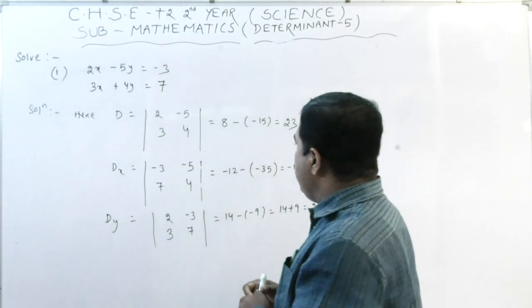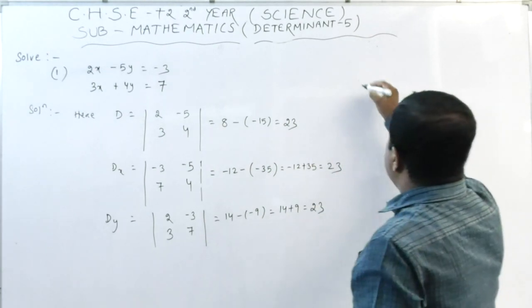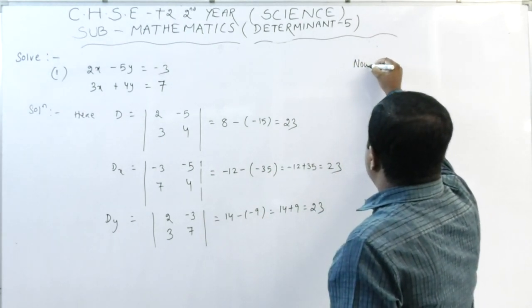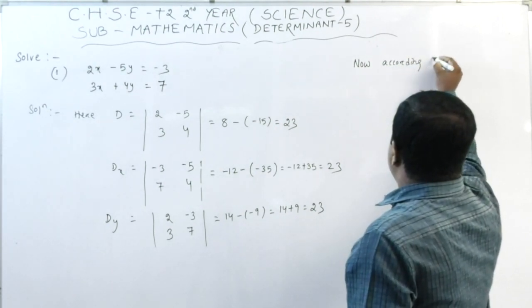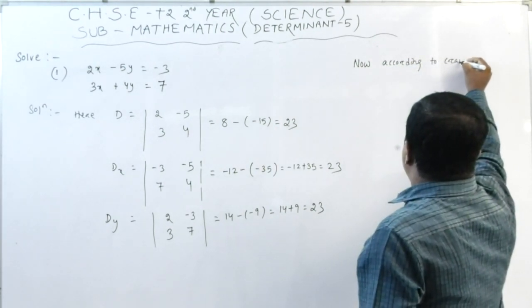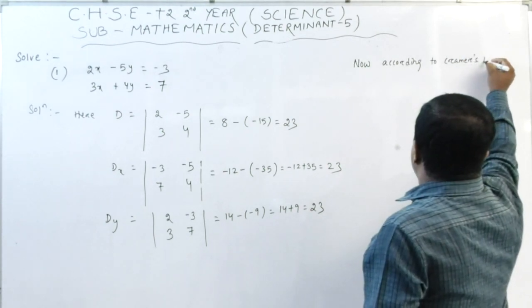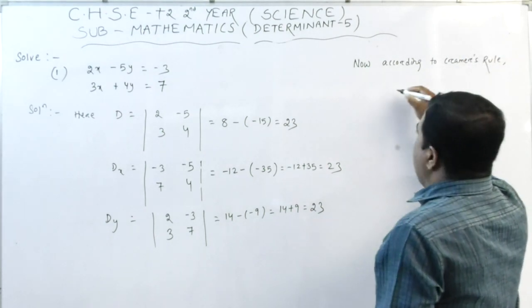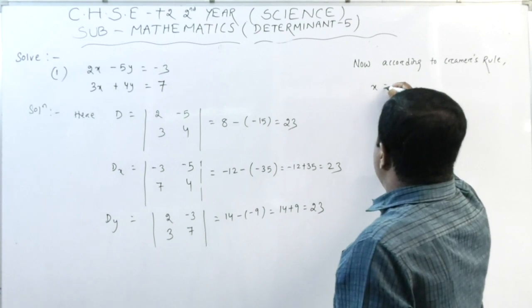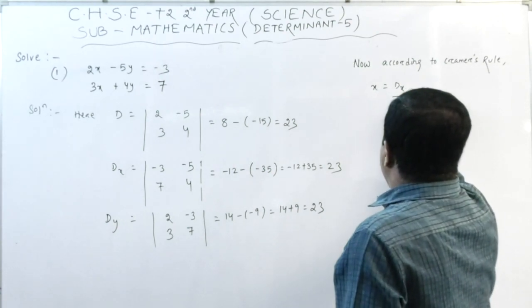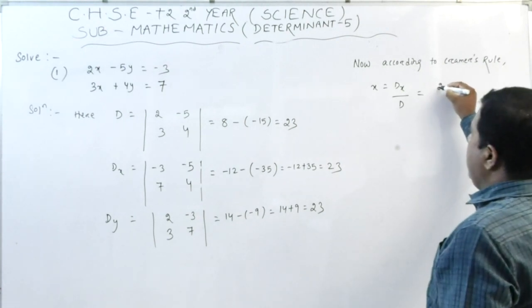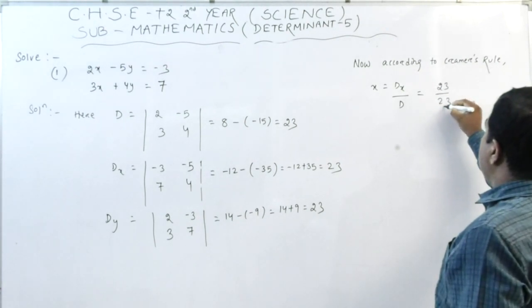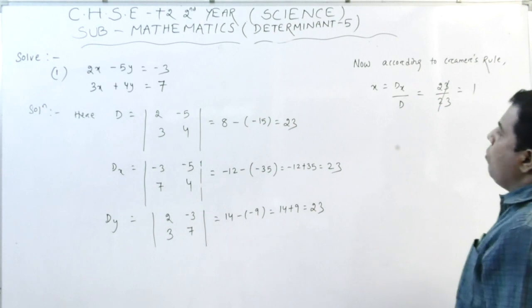Now according to Cramer's rule, x is equal to dx on d, and here dx is 23 by 23, so the result is equal to 1.